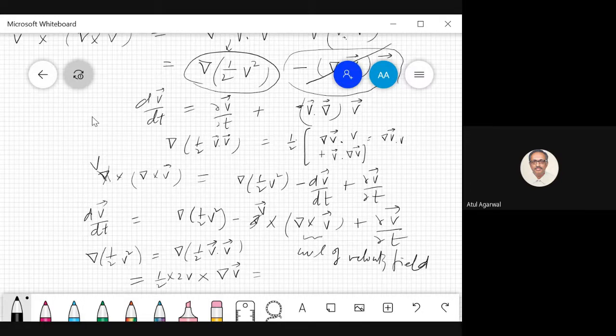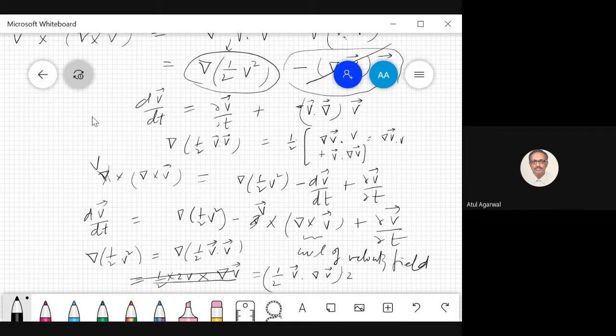So you get, that will get cancelled. That is a problem, I think. It is better to go like this. Then what do you get? Half V dot gradient of V, then twice of it.